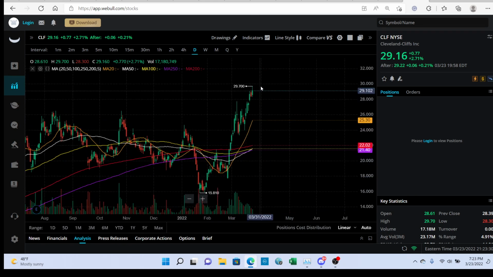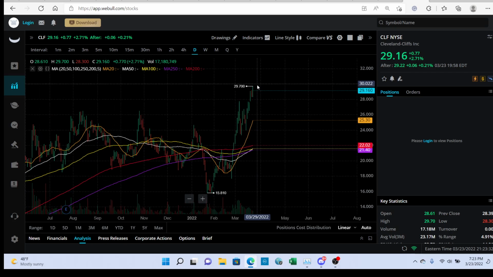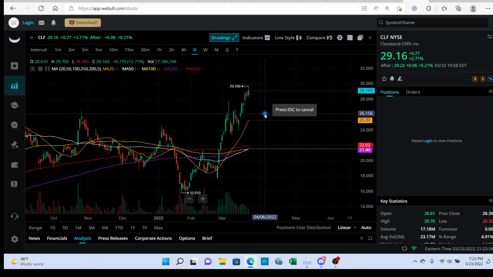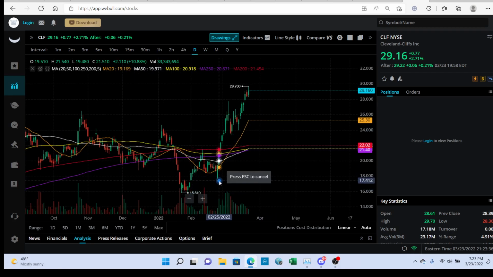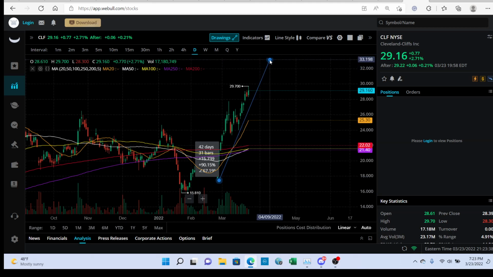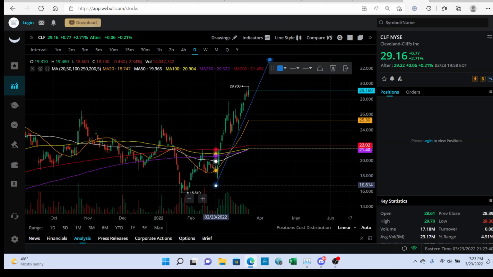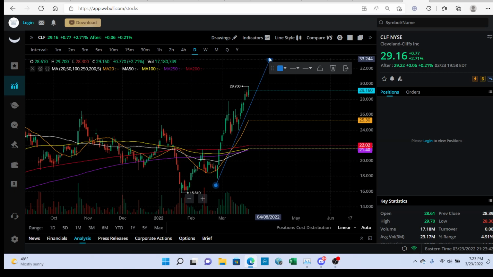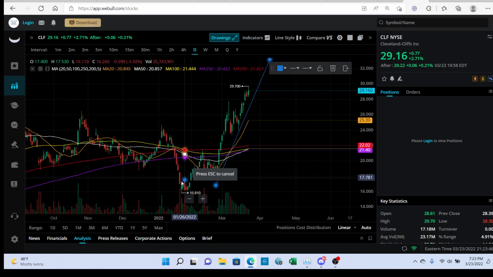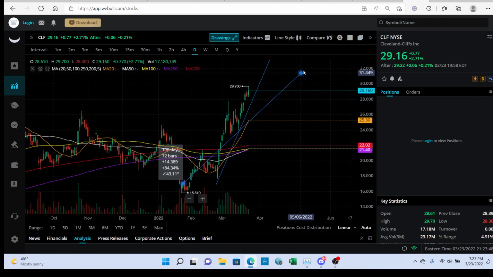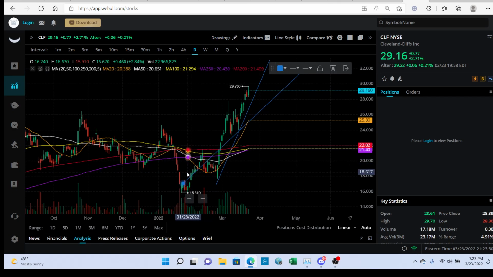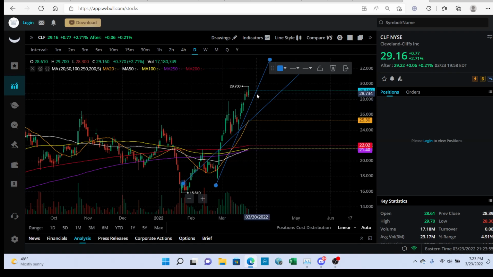So yeah, we're above all the moving averages, and let's just see what the trend is. Basically, look for this trend line to get invalidated, and then see what happens next. And then we could potentially fall back down to this trend line.